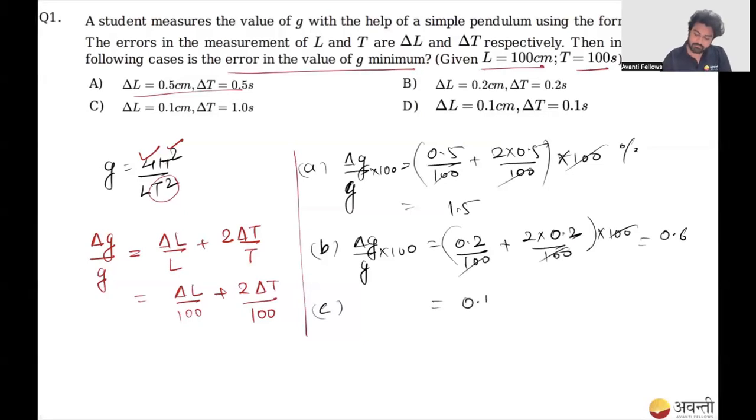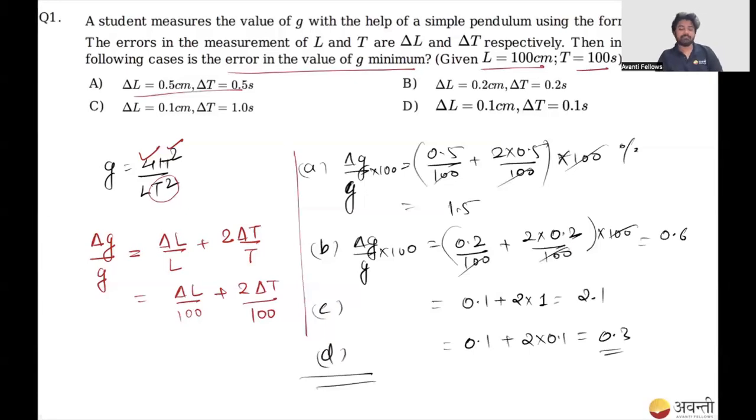It will be 0.1 plus 2 into 1, that is 2.1. If I calculate for option D, it is 0.1 plus 2 into 0.1, that is 0.2 plus 0.1 is 0.3. So you can clearly see here that option D has the minimum error in g. So option D is the correct answer.